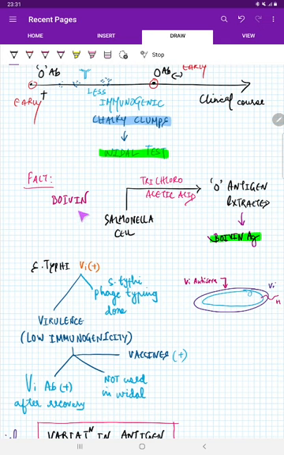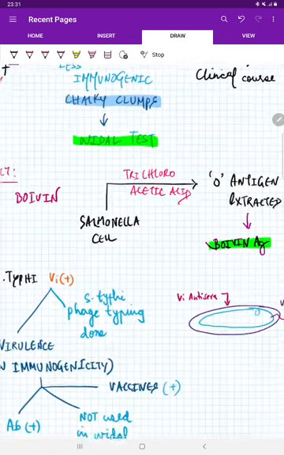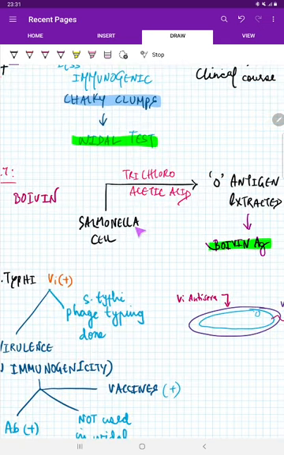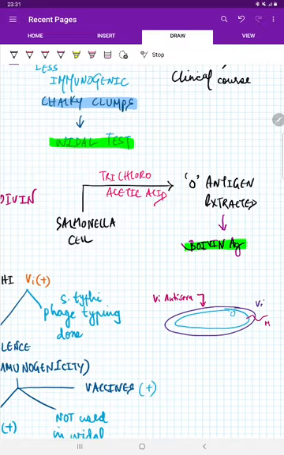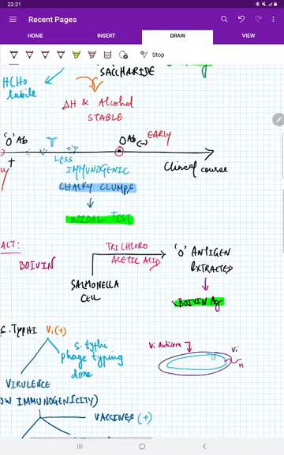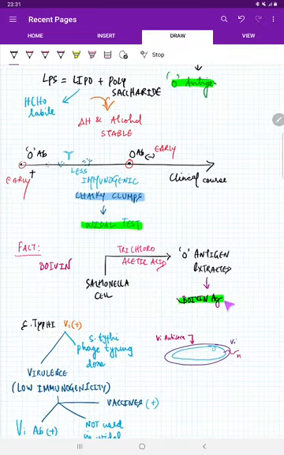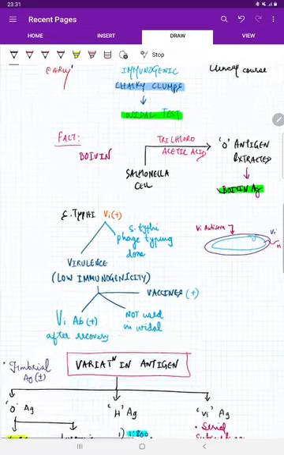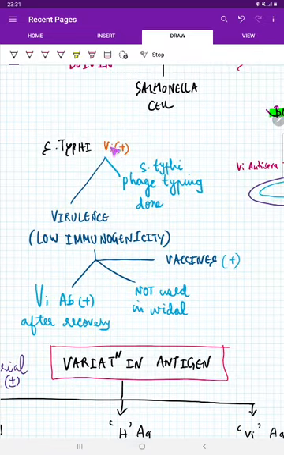This guy called Boivin took a bacterial cell, Salmonella, put trichloroacetic acid, and isolated an O antigen, and that's the reason the O antigen is also called Boivin antigen. Now we'll discuss what this Vi positive is.